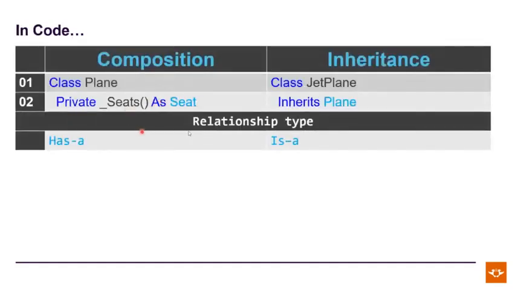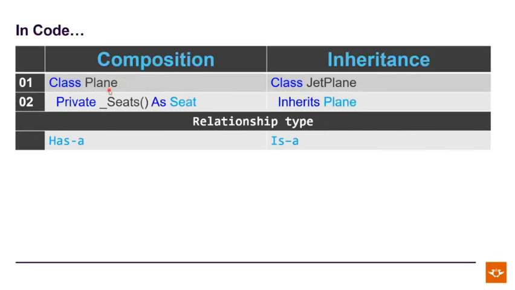So how it looks in terms of composition and inheritance. We had our plane has seats. This is composition. Everyone okay with this? That a plane will have seats. Now, if you look over at inheritance, a jet plane inherits plane. And we have the is-a relationship. So is a jet plane a plane? Okay, it makes logical sense.